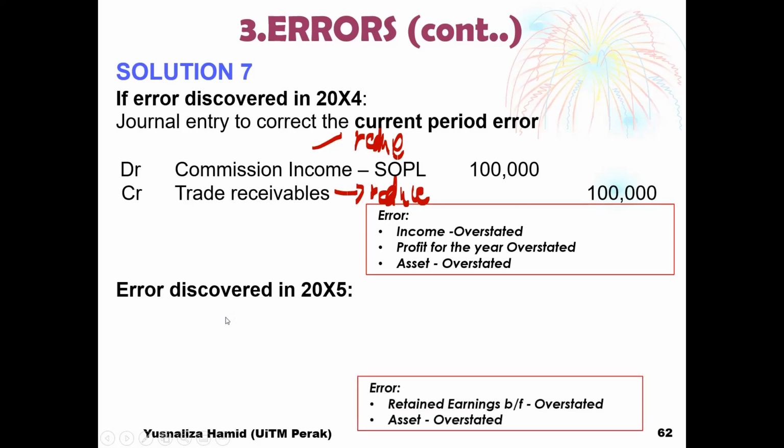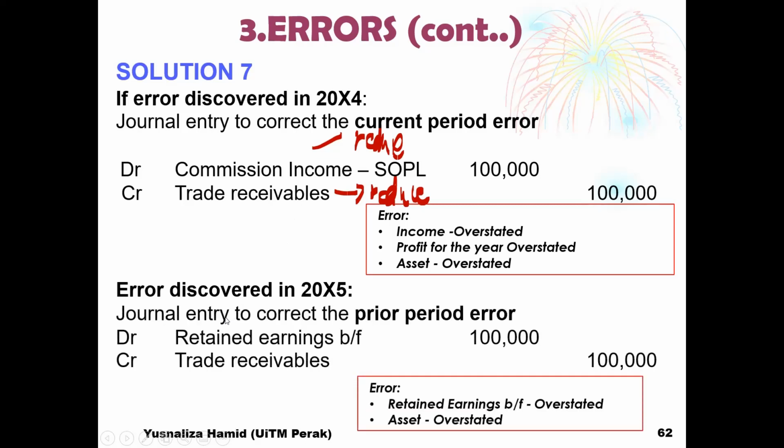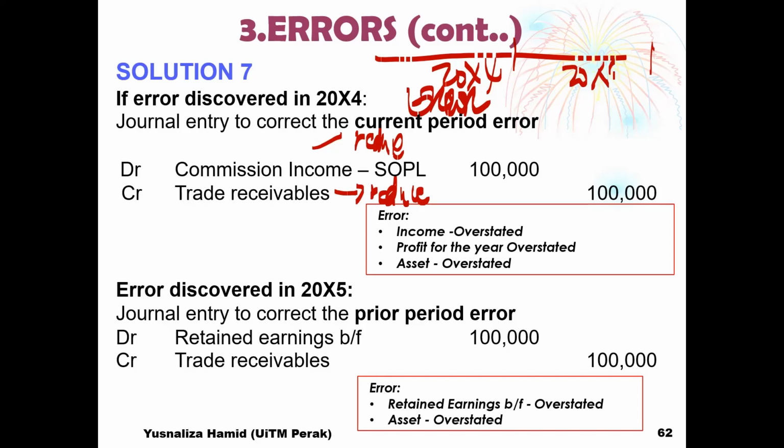If the error was discovered in 20x5, so the error happened in 20x4, but you discovered the error in 20x5, that means we have a prior period error.